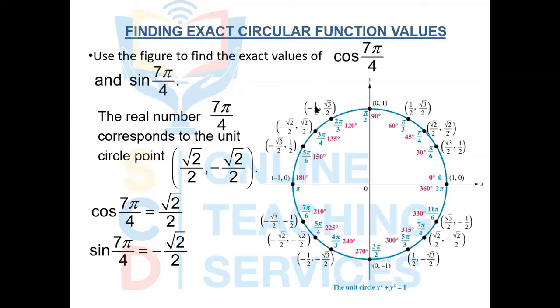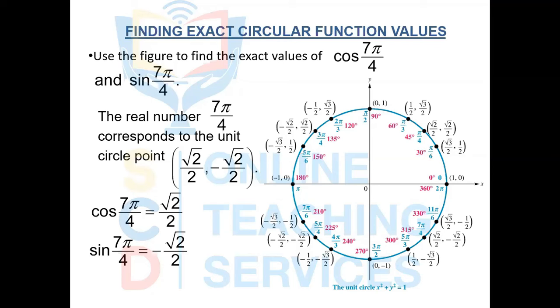Do you understand? Yes. Okay, so if I ask you what is the value of sine negative 4 pi all over 3, then without calculating it using your calculator, you will give me negative square root of 3 all over 2. That is how easy it is when you memorize everything there.